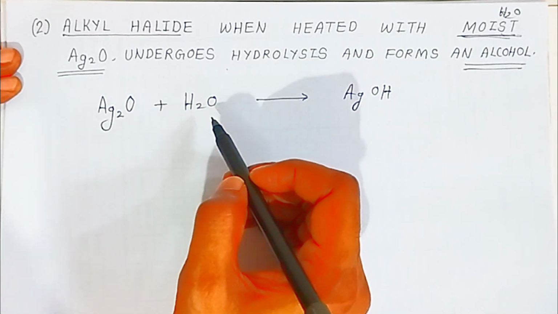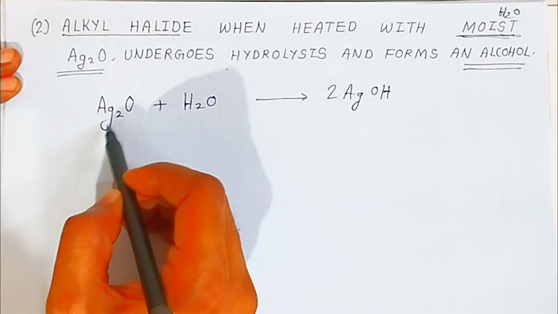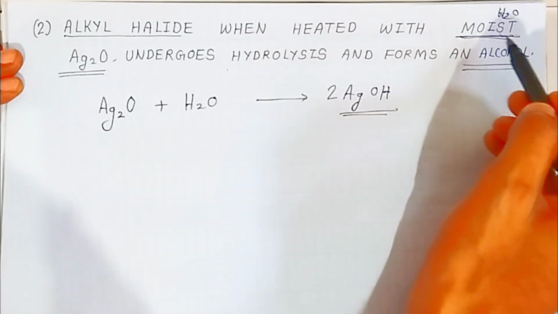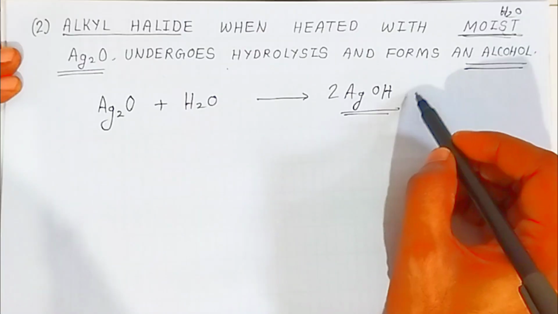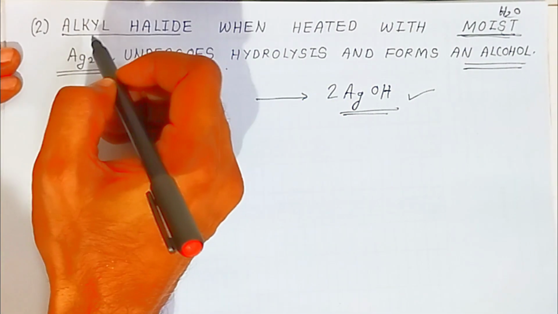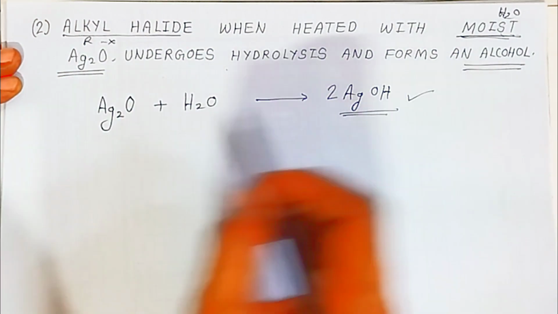Okay students, it will produce two molecules, because here silver is 2, so 2 molecules of silver hydroxide you are getting. So moist silver oxide is nothing but silver hydroxide. Now the action of silver hydroxide on alkyl halide is what we are going to take.